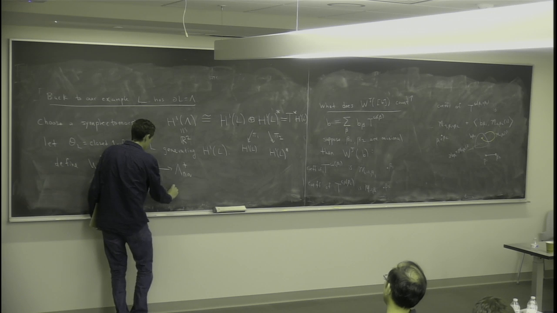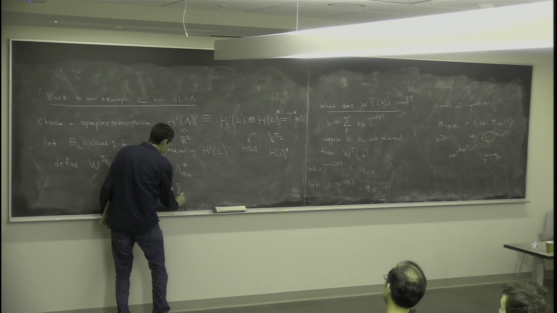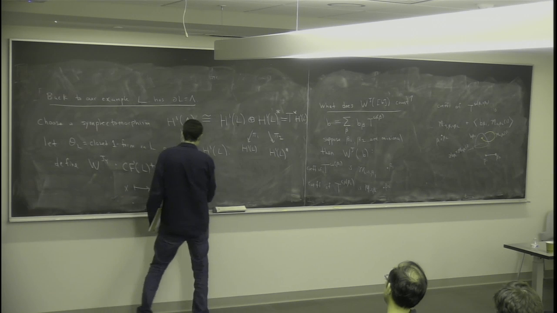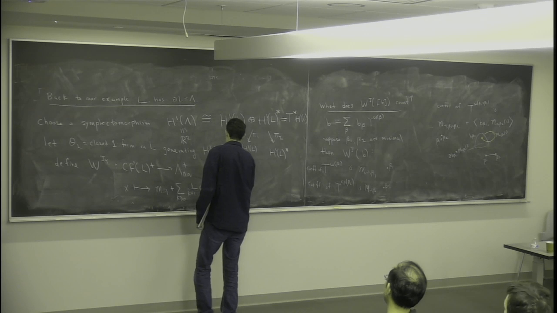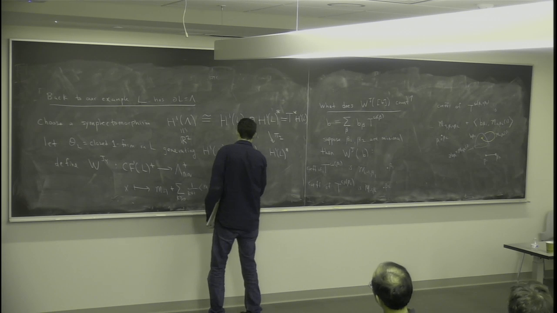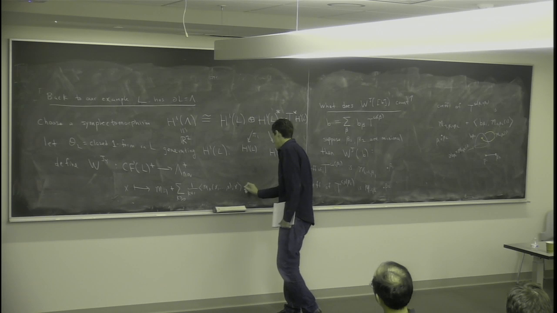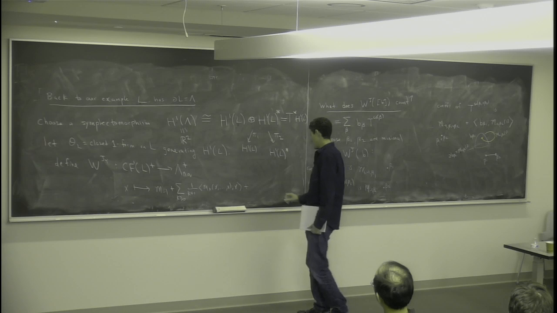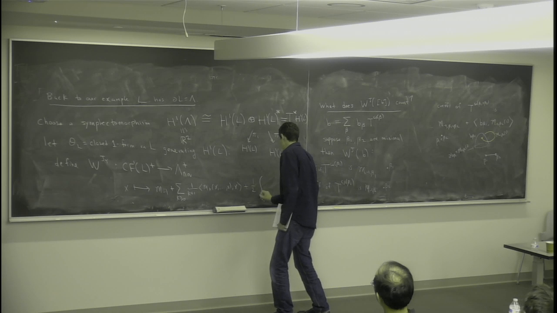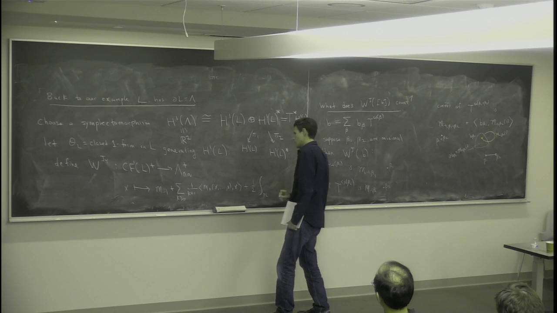This is the same part as before, but then we add on some boundary term. And this boundary term depends on the splitting. It's going to be 1/2 the integral over the boundary of L of pi 1 x wedge pi 2 x.